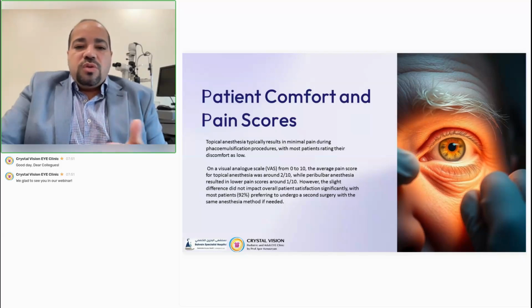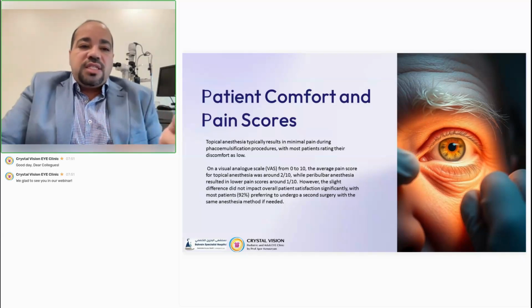So there is not much difference between both. This is why most patients who do cataract surgery with topical anesthesia prefer to do the next eye also with topical anesthesia; 92% of total patients went through topical anesthesia.